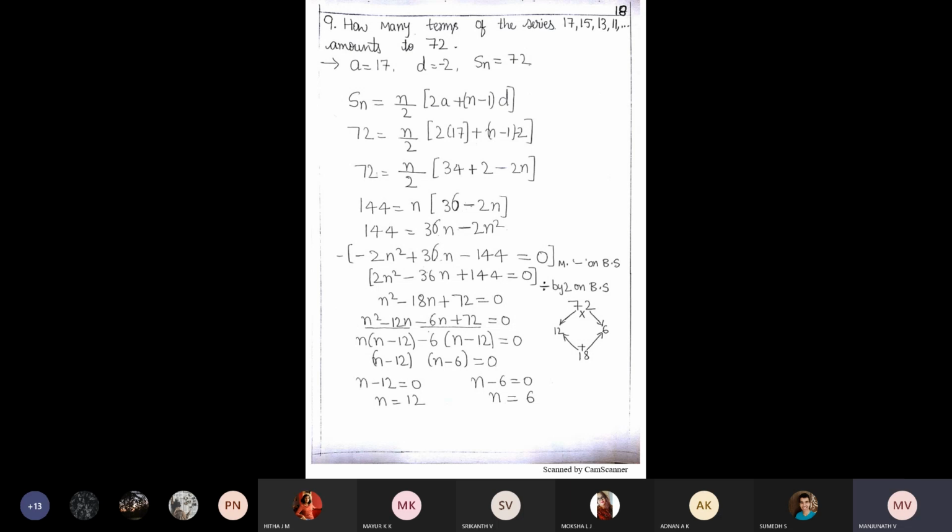And the product of the two factors should give you the last term.